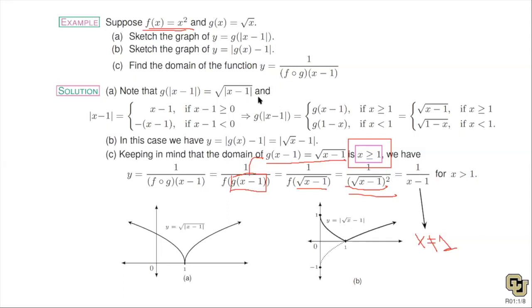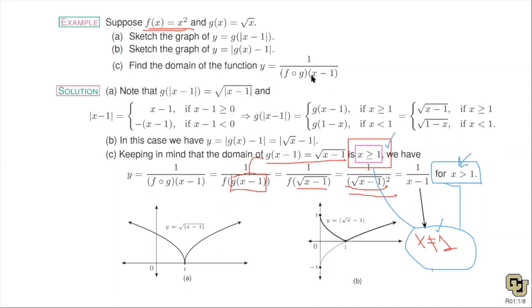So now I'm intersecting, I'm combining the two. We combined x greater than or equal to 1 with x not equal to 1. That gave us x strictly greater than 1.